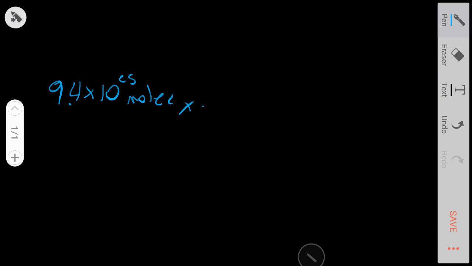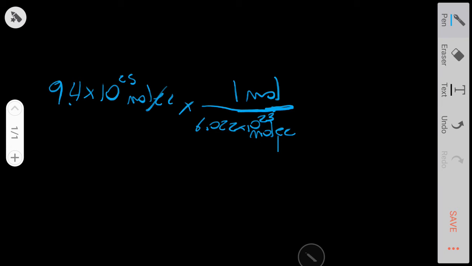To get rid of molecules, I have to put them on the bottom. I'm going to first convert that to moles. In 1 mole, I have 6.022 times 10 to the 23 molecules. So molecules cancel out.